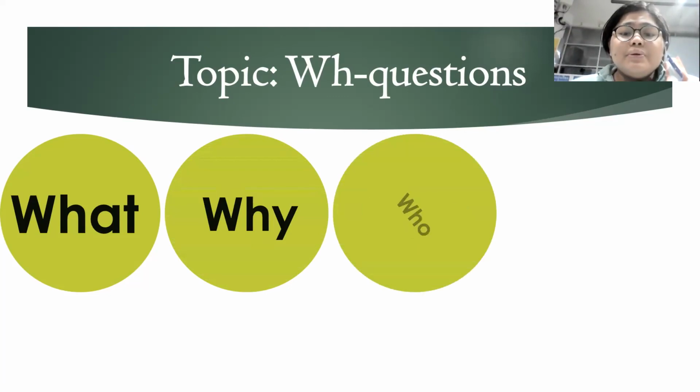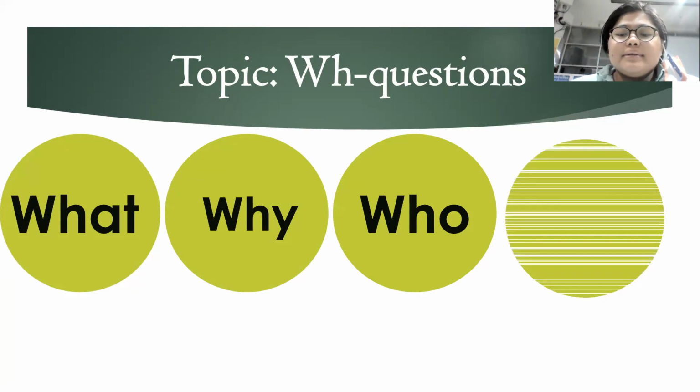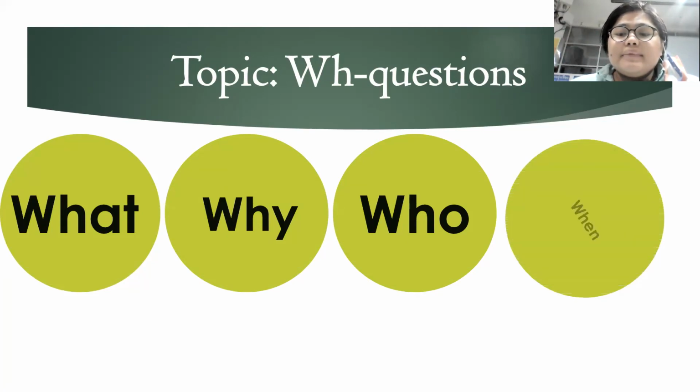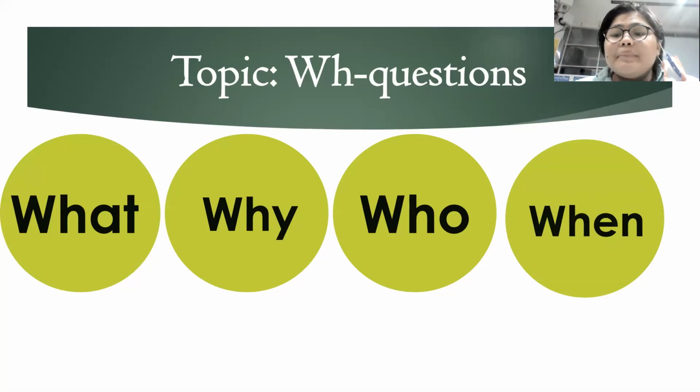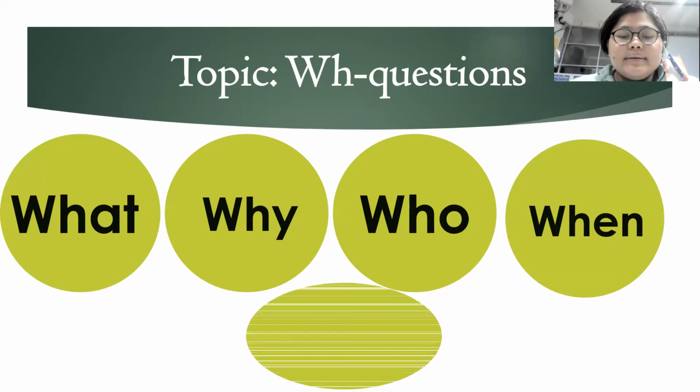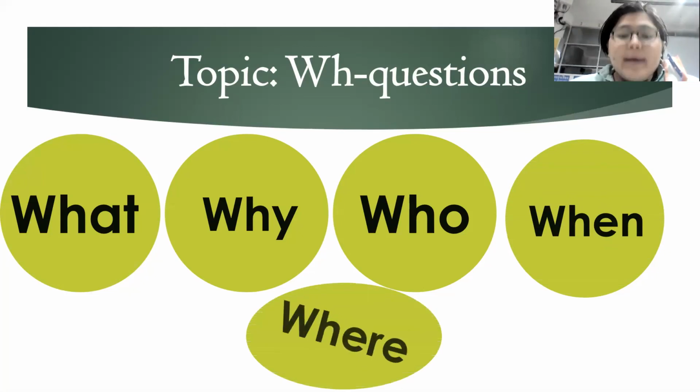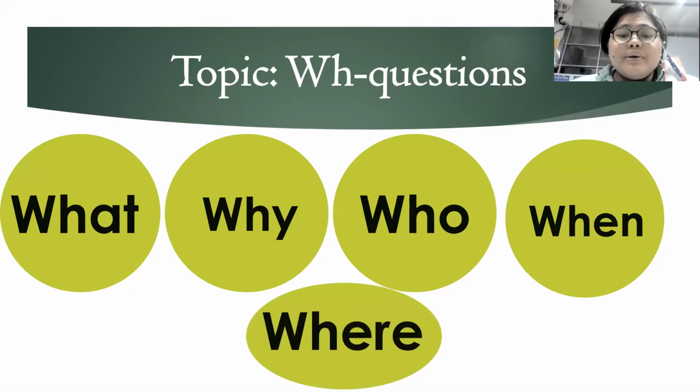We use who to ask about people. We use when to know about time. And lastly, we use where to know the place.